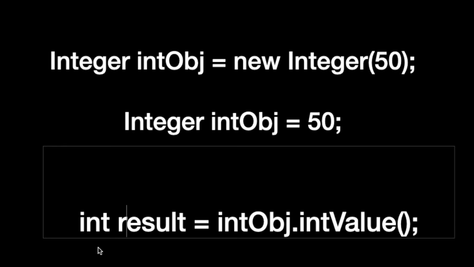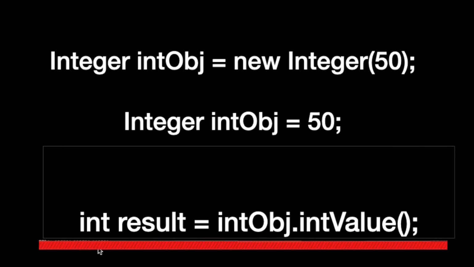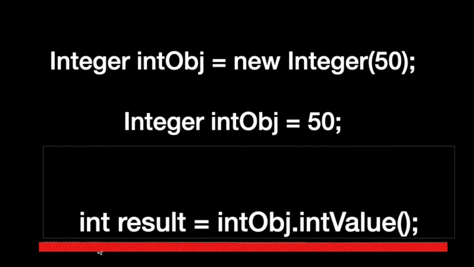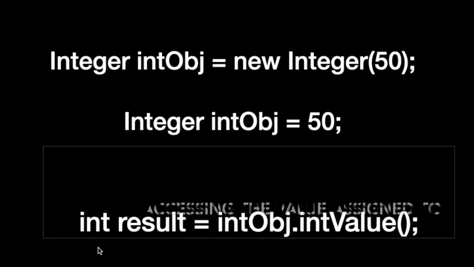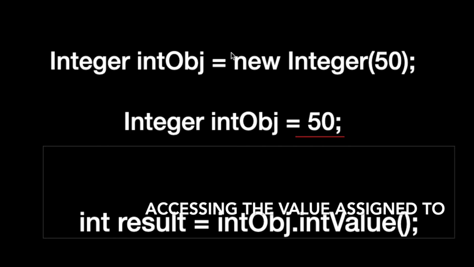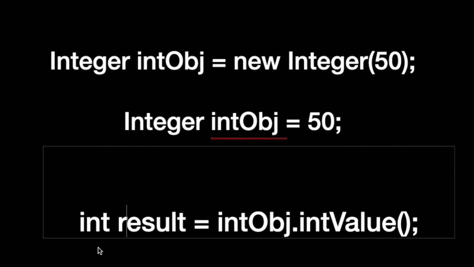Just to be clear, the intObj, that object has 50 assigned to it. So on the next line where you see int result, and it was instantiated with the equal sign to intObj, I was actually using the value that's assigned to that variable.